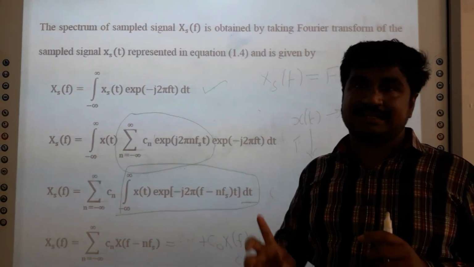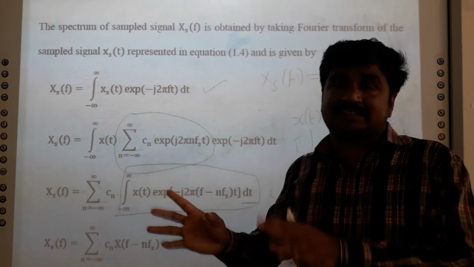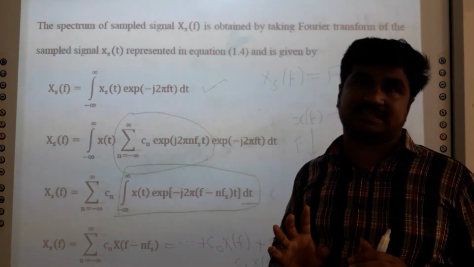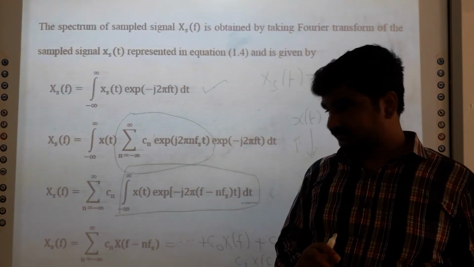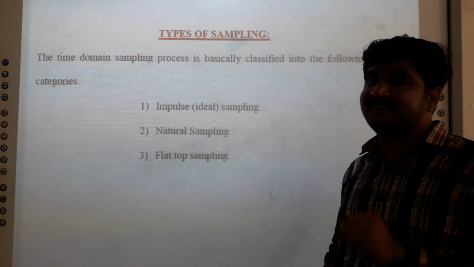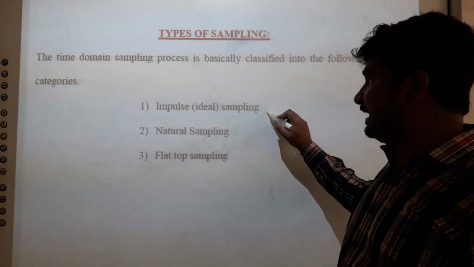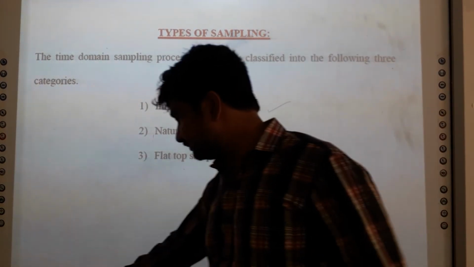On the other hand, in the frequency domain, we are having the replicated spectrum weighted by Fourier coefficients. Based on the type of the sampling signal, we may categorize the sampling into three different types: ideal sampling, natural sampling, and flat top sampling.